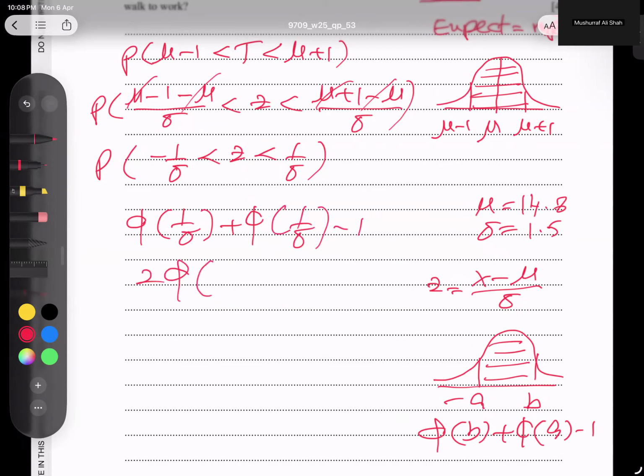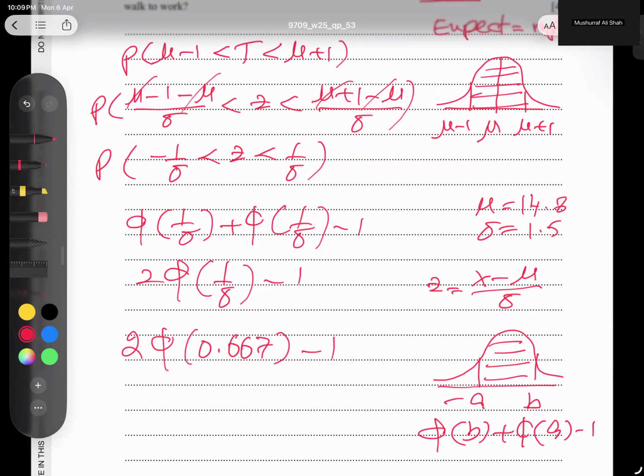So 2 phi of 1 by sigma minus 1. I think the idea is clear. And what is 1 over sigma? Let me check in the calculator. Basically 1 over 1.5 turns out to be 0.667.